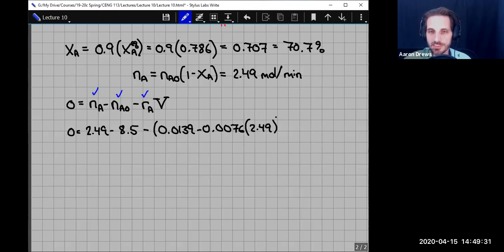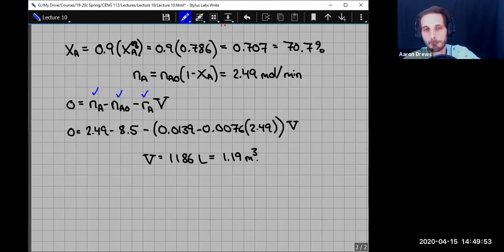Right? Remember in the previous example, we didn't know that there was 2.49, but we knew v. Here, though, we know it's 2.49, but we don't know v. And so we rearrange this and we say that v is therefore equal to 1,186 liters, which is 1.19 cubic meters.